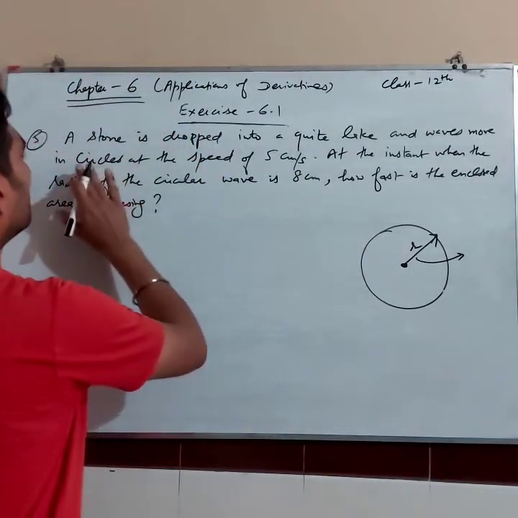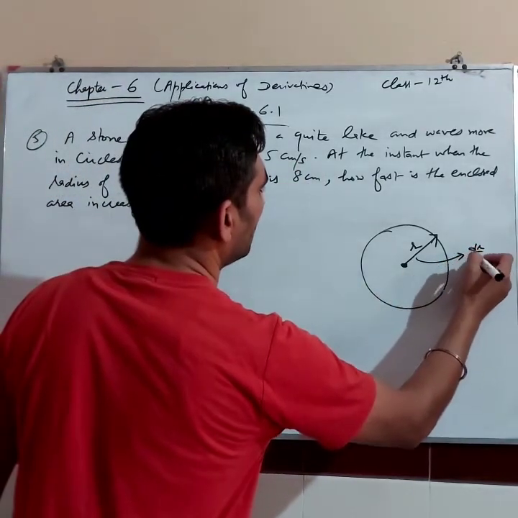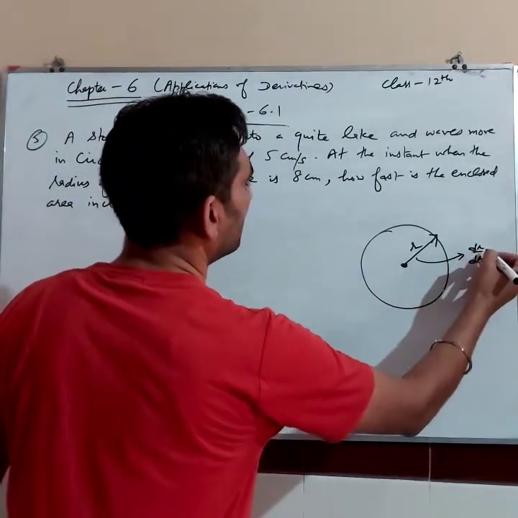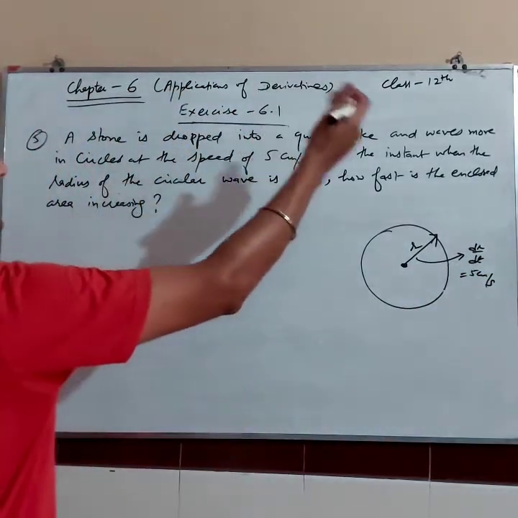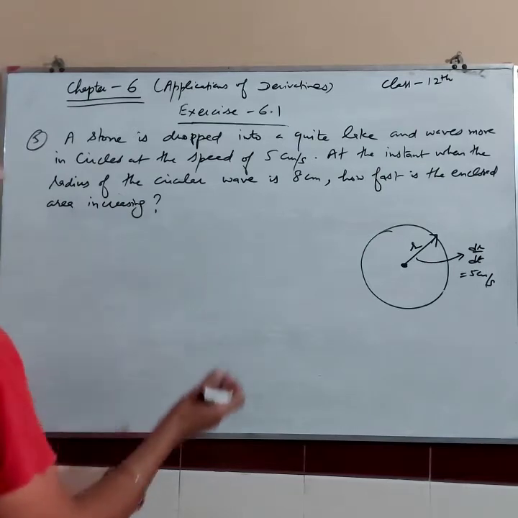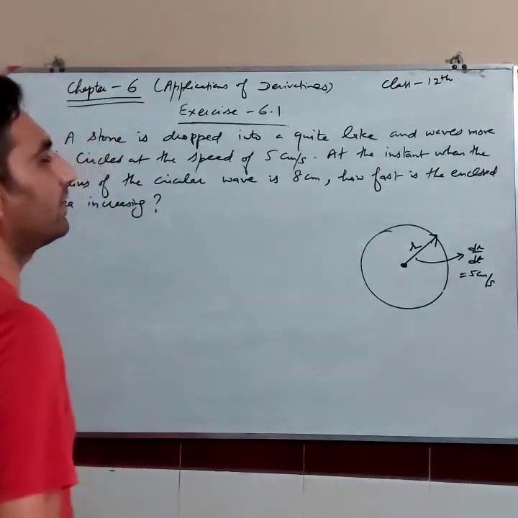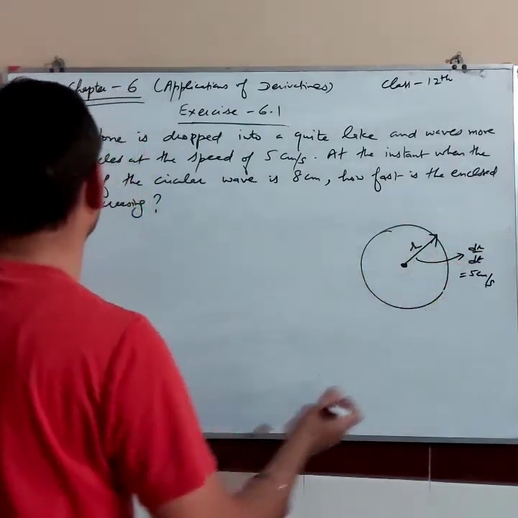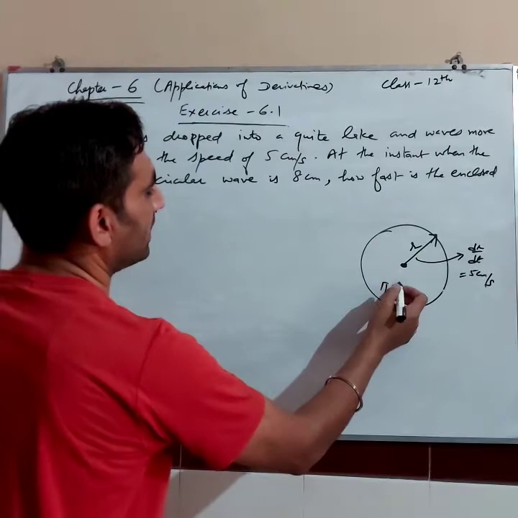They are given at the speed of 5 centimeter per second, means you have dr over dt, which is given as 5 centimeter per second. At the instant when the radius of the circular wave is 8 centimeter, means if r is equal to 8, how fast is the enclosed area increasing? What is the area of a circle? You know, pi r square.